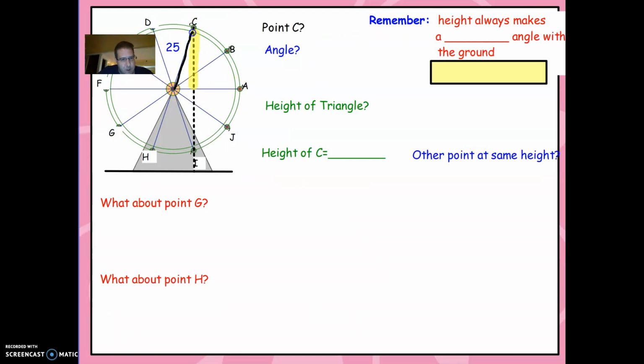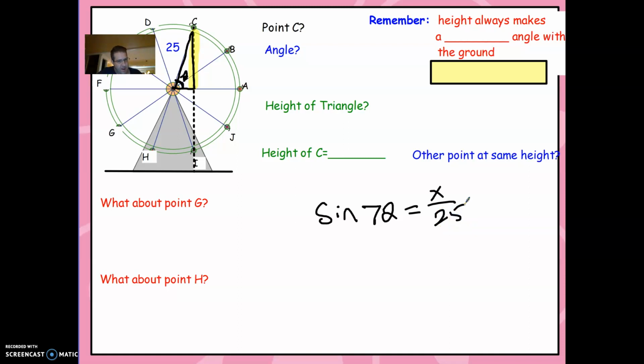So here we go. So this triangle right here, well, we know it's made up of this angle right here, and I know that angle is 72, and the reason why I know it's 72 is because it's 36 plus 36 more. So it's actually sine of 72 equals x over 25.